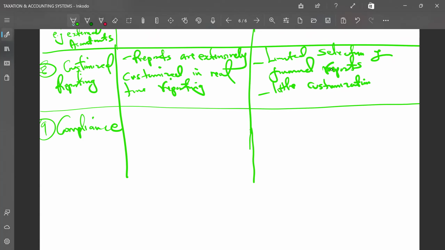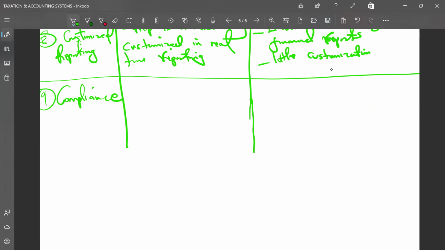And what are we complying to in any way? Just ask yourself, what are we complying to here? When we talk about compliance, what is it that we mean? Now remember, it is not just about government regulations or taxes. We also comply to accounting standards. So you have to be very careful there.